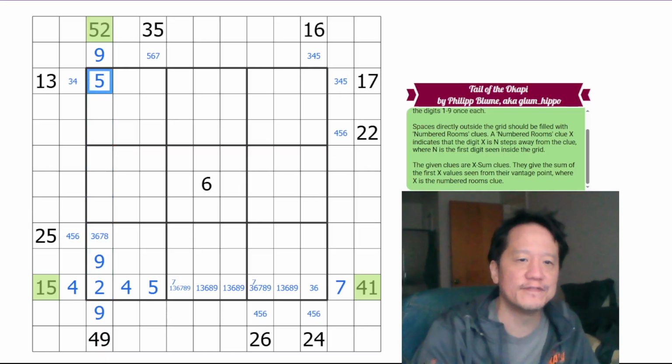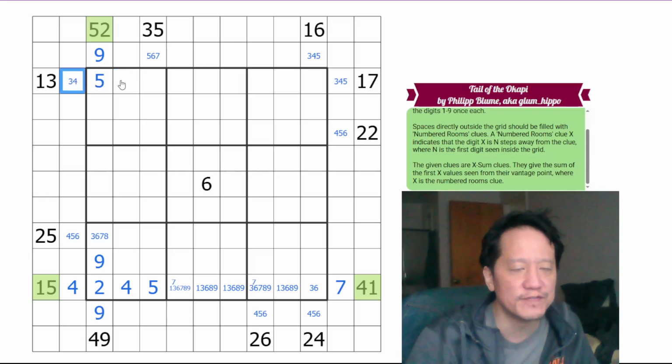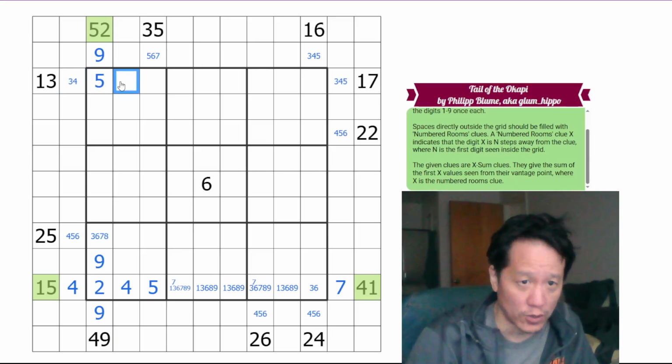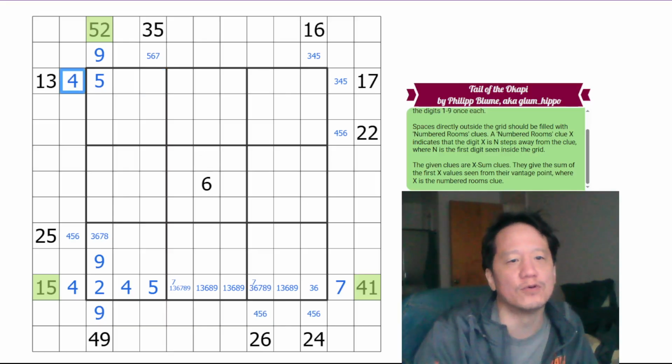So this would be 5. 3, 5, and what add up to 13? It would be 5 and 5. 4, 5, and 4 adds up to 13. Well, I guess it could be 4, 5. So this would then be 4, which would mean 4 has to be in the 6th position.